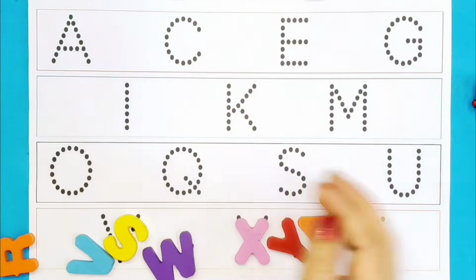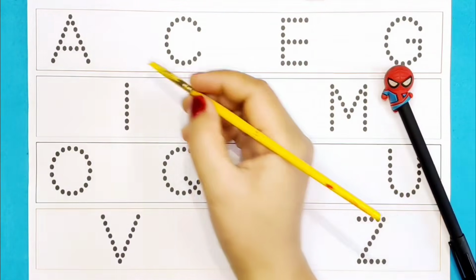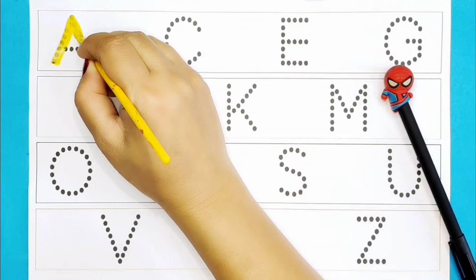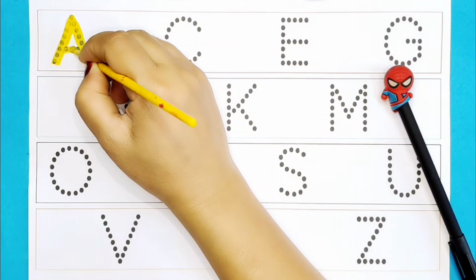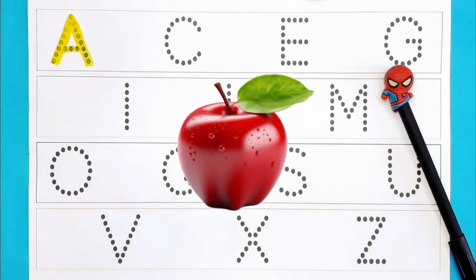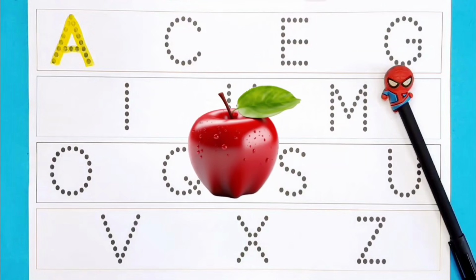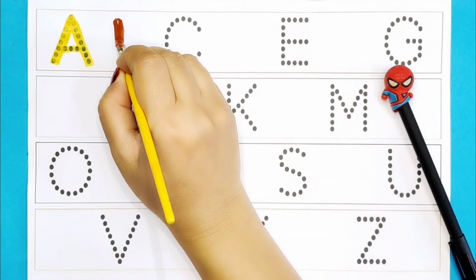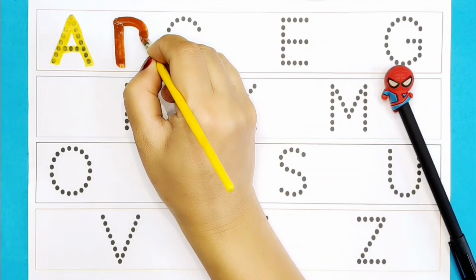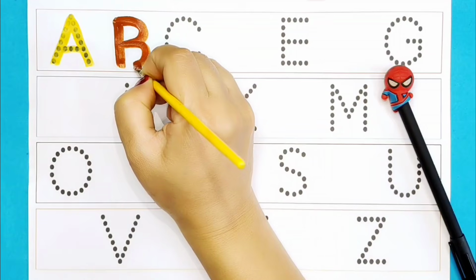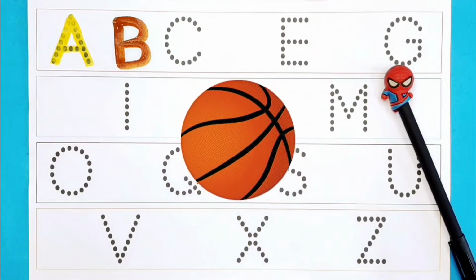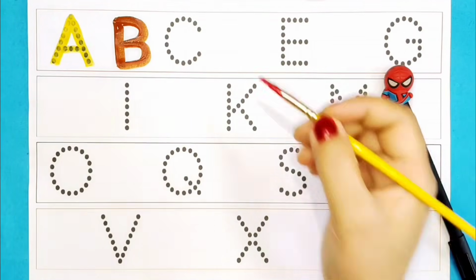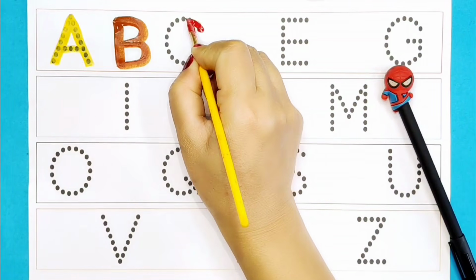Let's paint. Yellow color. A. A for apple. Brown color. B. B for ball. Red color.